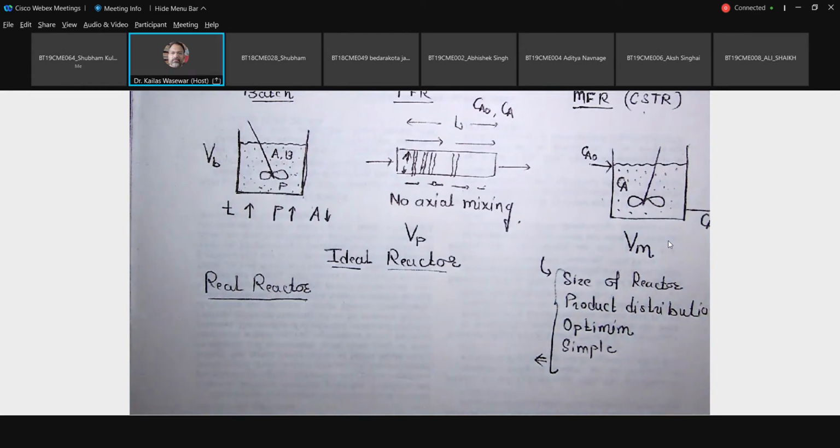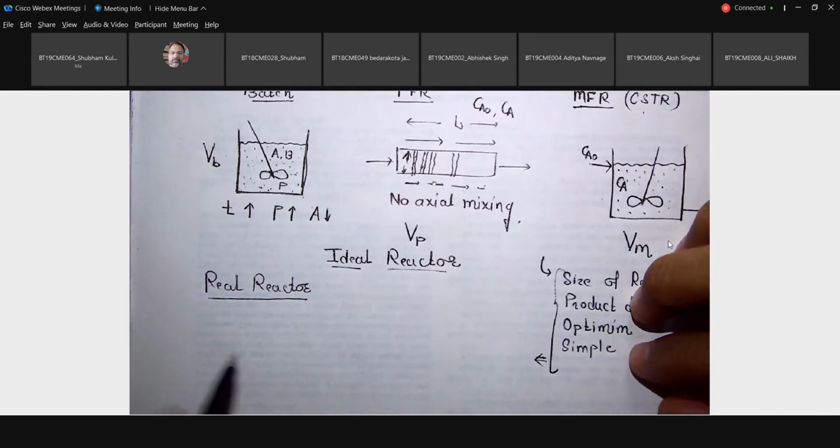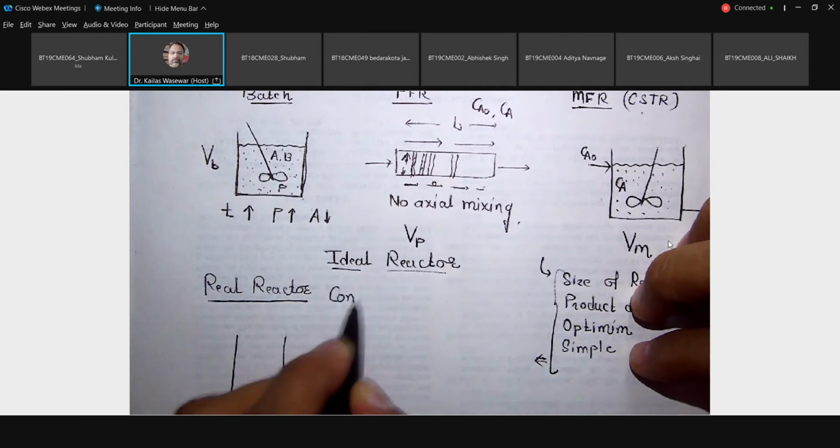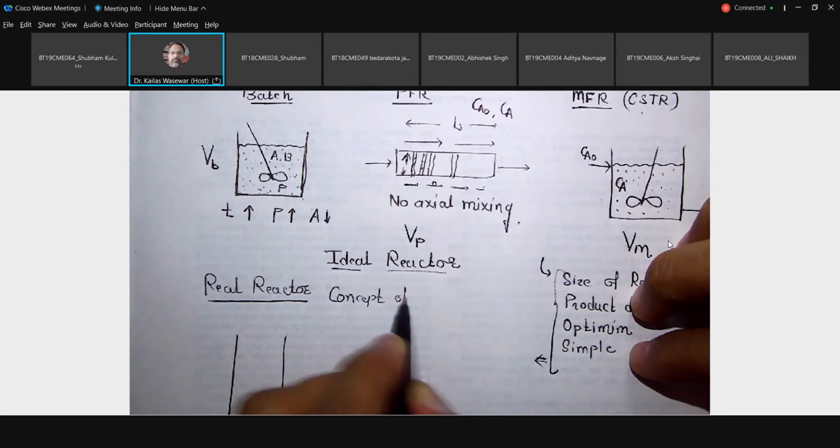So now take the simple case of the gas liquid reactor. Gas liquid reactor, how can you draw it? Just simply one column, is it? If you have that column, we'll understand the concept of non-ideality.